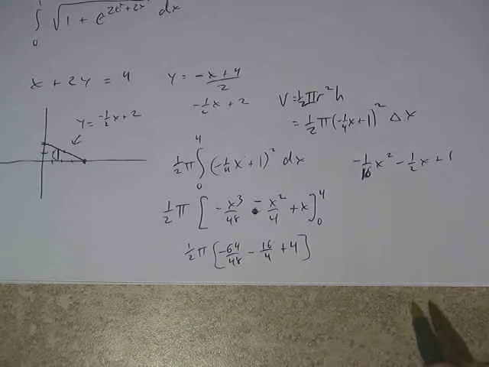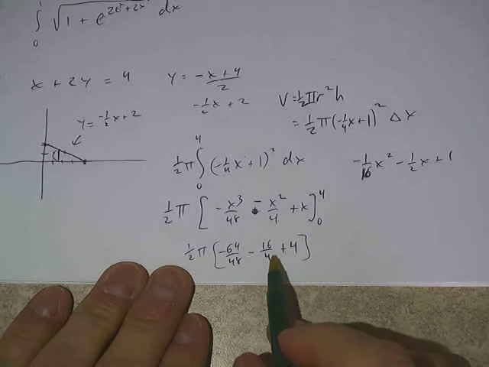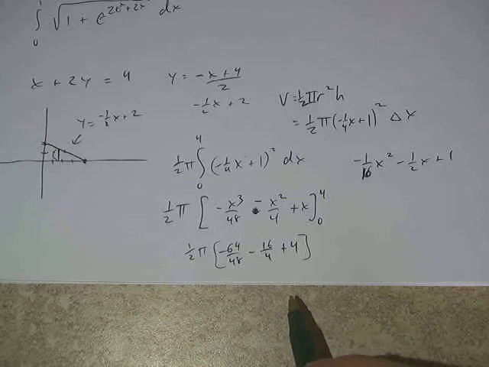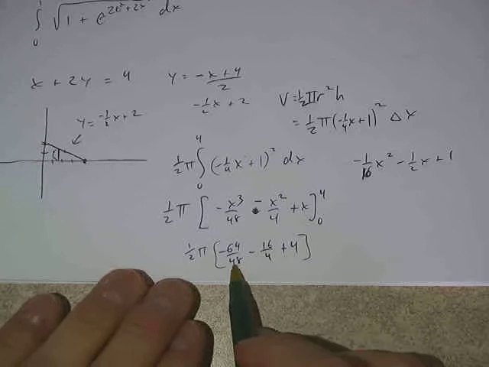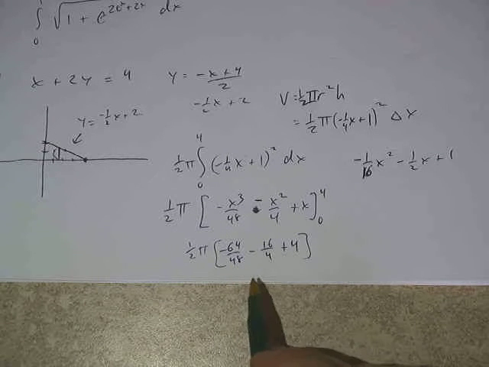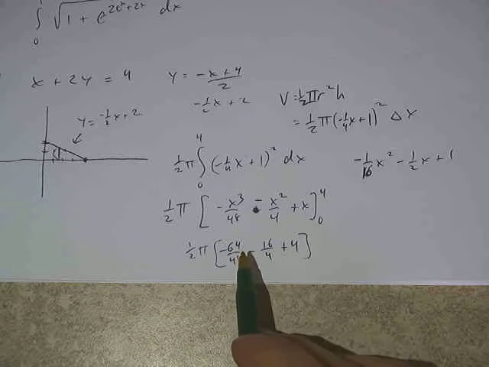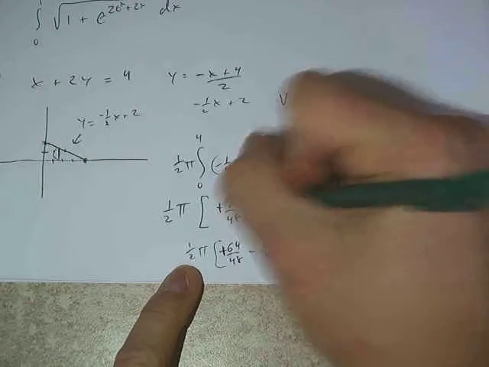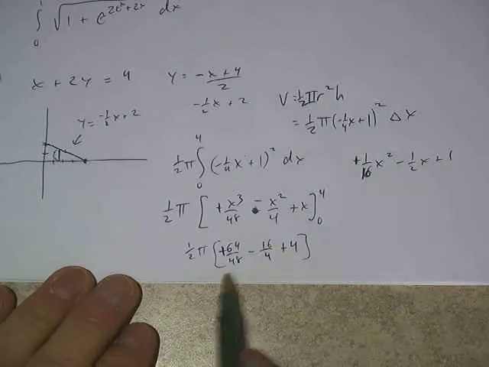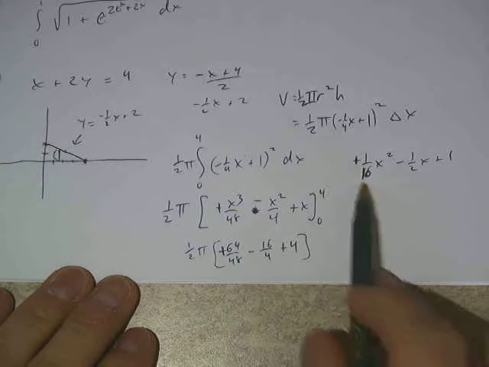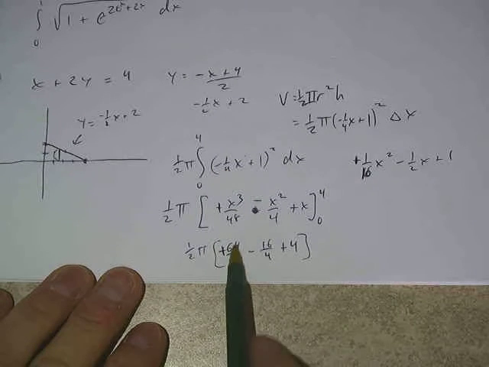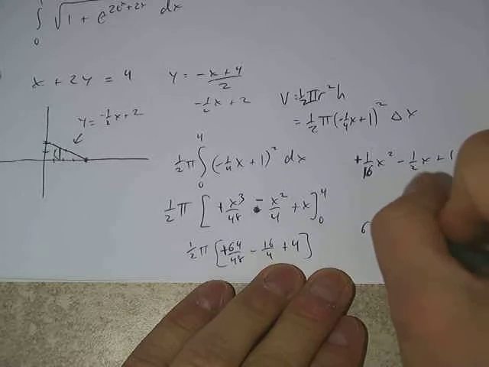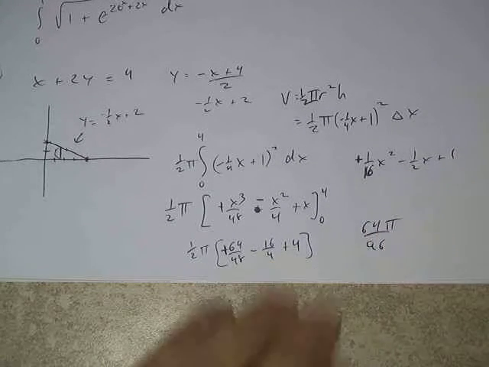Alright, so let's see if we can figure out the culmination of all this. What do we got here with these two? We got 0 there, those two are both 4 and negative 4. And so ultimately we'd get, oh, you know what? This is positive. Because we're squaring negative 1/4, so that should be positive 16, sorry. 64 over 48, multiplied by 1/2 pi would be 64 pi over 96.